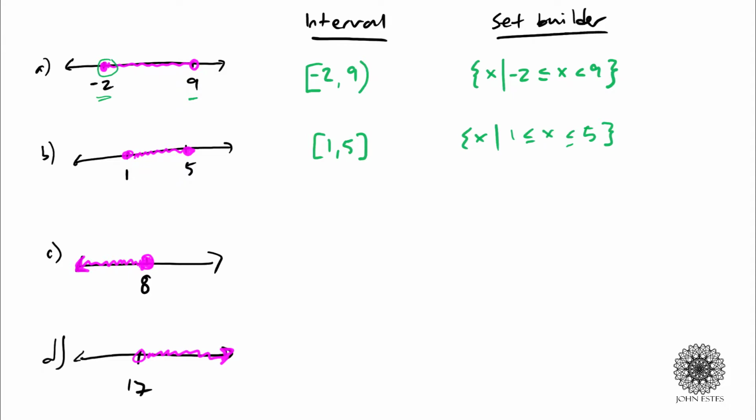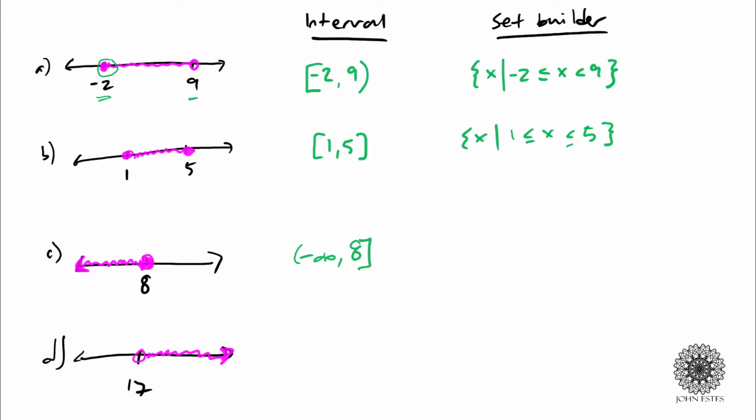Okay, for my third one here, notice I have an 8, but there's nothing on the left-hand side. So you can imagine there's no endpoint going in the left direction. So the way we handle that is I say there's negative infinity up to 8, and I always put a parenthesis on infinity because you can never obtain infinity.